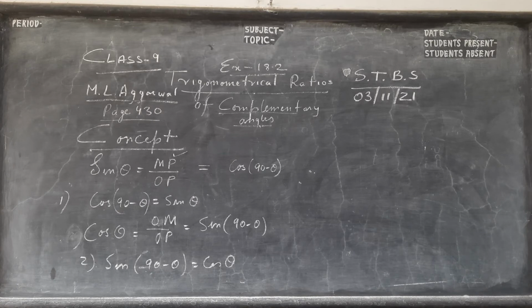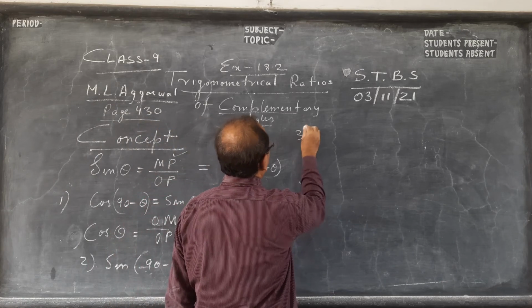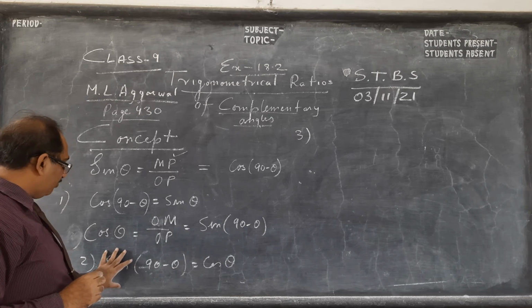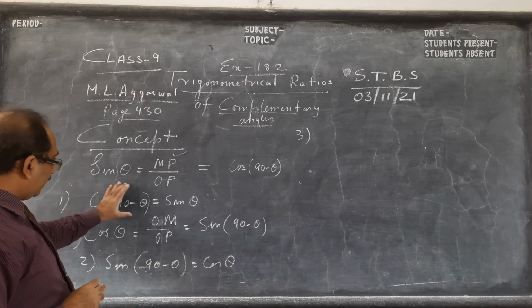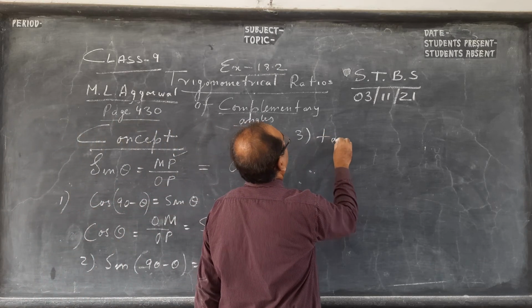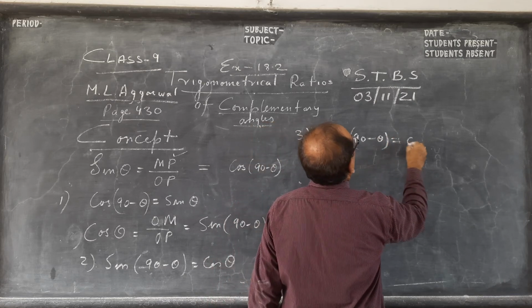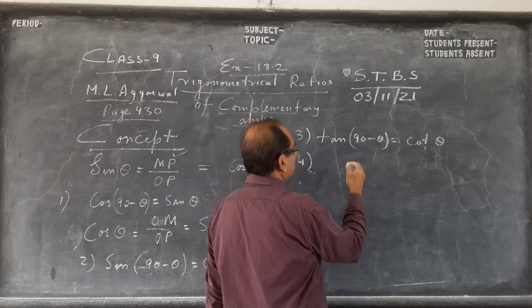So similarly, boys, same way we can go to the third. First is once more, in fact many books give you this one first: sine 90 minus theta is cos theta, cos 90 minus theta is sine theta. Same way, tan 90 minus theta is cot theta. Same way you can see the diagram.